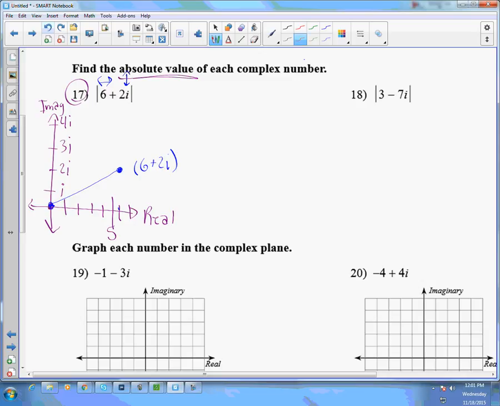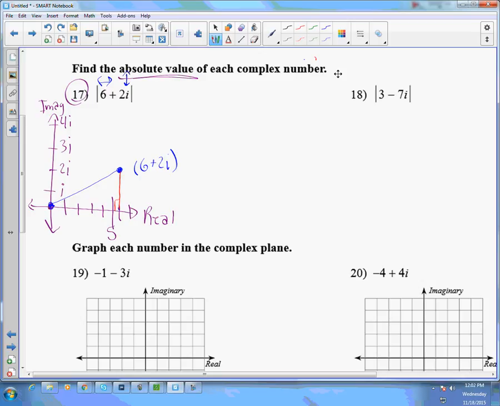If I also drop down perpendicular to the real axis, it creates a right triangle. That blue line, our distance, is what part of the right triangle? It has a name. The long side of the right triangle. Hypotenuse.